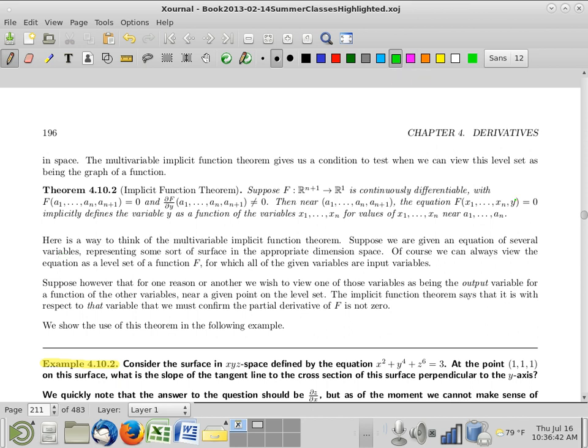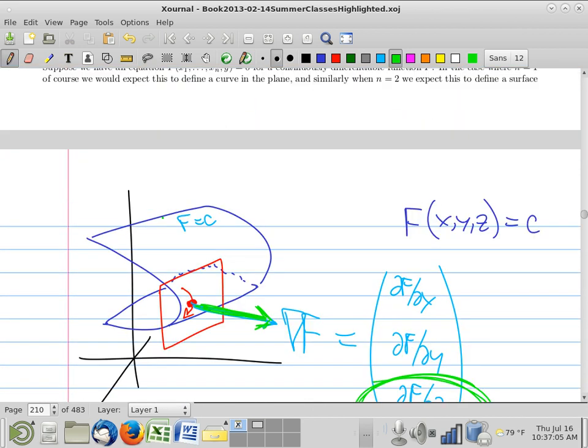Whichever variable you want to view as a function of the others, take the partial of f with respect to that variable, and confirm that it's not 0. And then the variable you want to treat as a function, you can treat as a function. Now, in the problem that we just looked at, it was z.